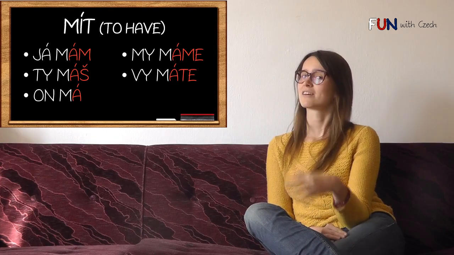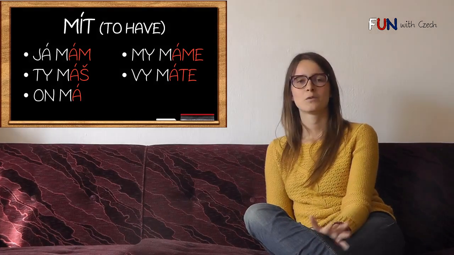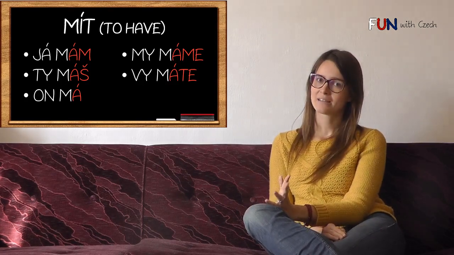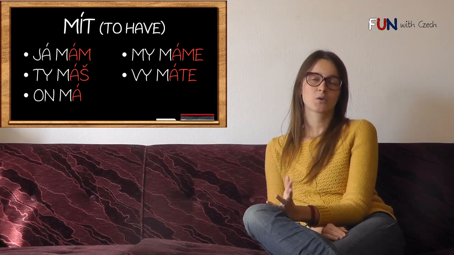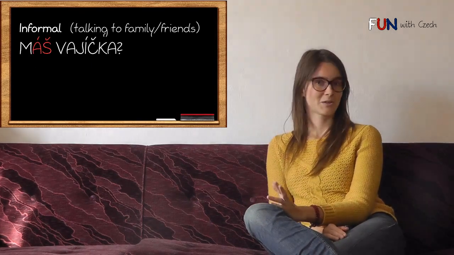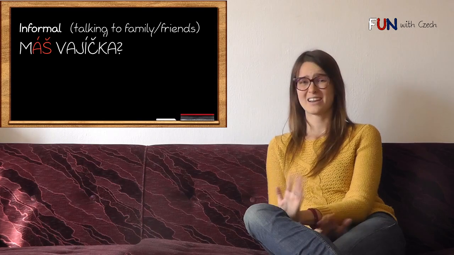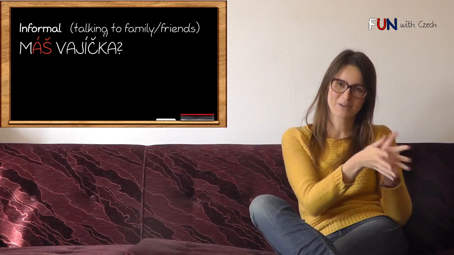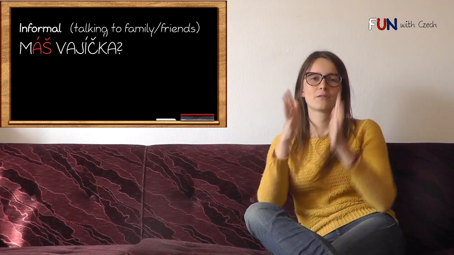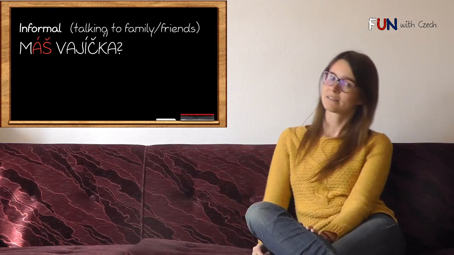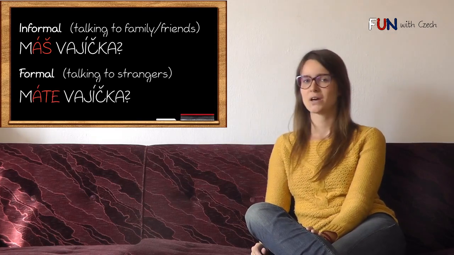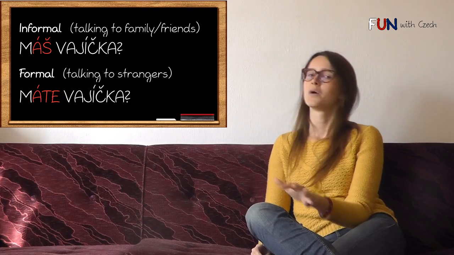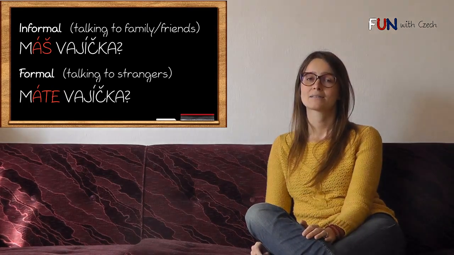If we are doing the vykání with someone, then we should not tell him máš, but máte. So for example, you come to a shop and you wanna ask, do you have eggs? You are not gonna ask máš vajíčka, like to someone we are informal with, but we have to say máte vajíčka, do you have eggs? Because we don't know the shop assistant, they are not our friend, so for sure we need to use máte.